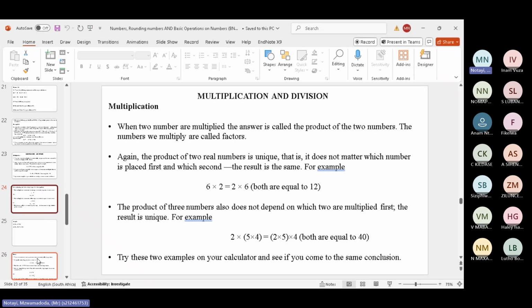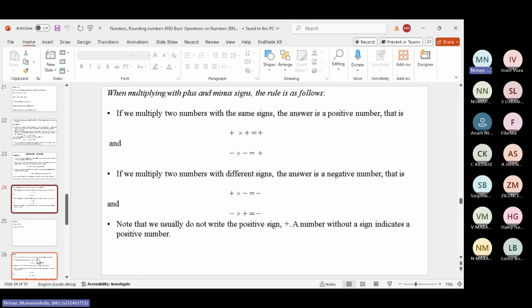Okay, let's proceed. When multiplying with plus and minus signs, the rule is as follows. If you multiply two numbers with the same signs, the answer is positive. That means a positive multiplied by a positive is equal to a positive, and a negative multiplied by a negative gives us a positive. If we multiply two numbers with different signs, the answer is a negative number.